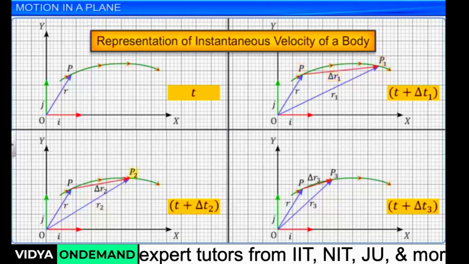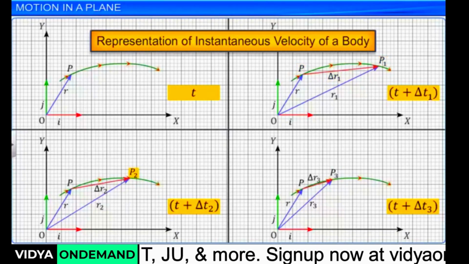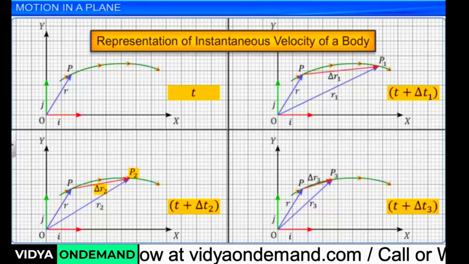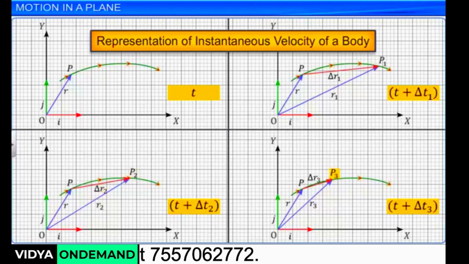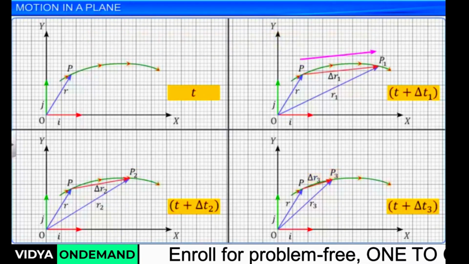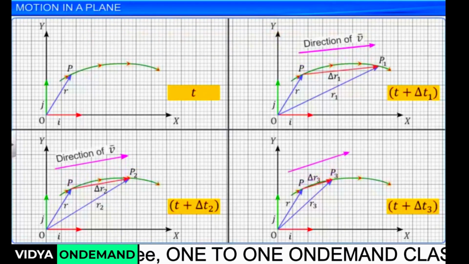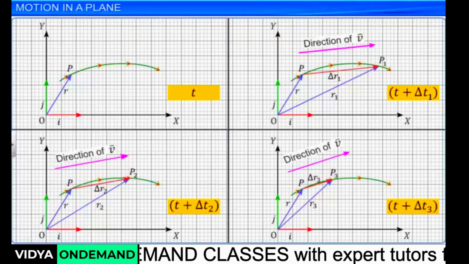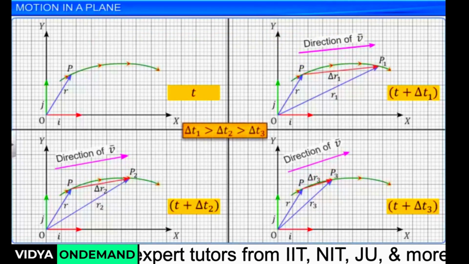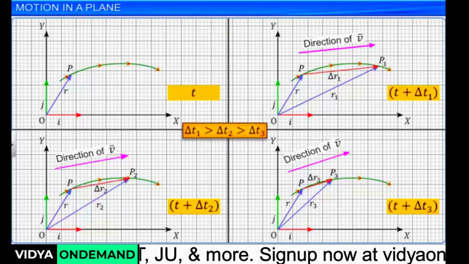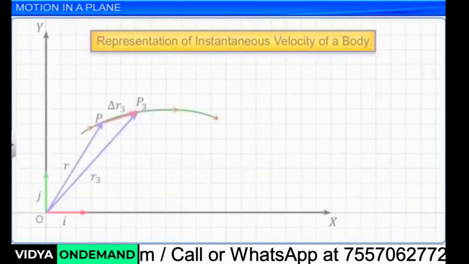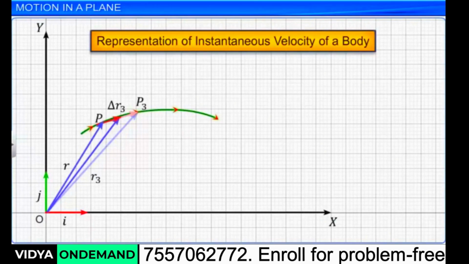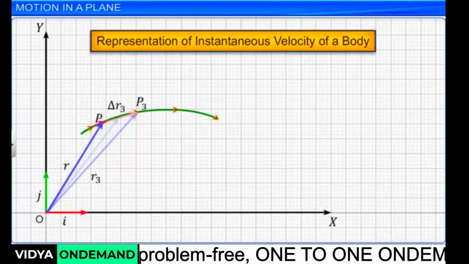And at point P3, its displacement is delta r3. The direction of average velocity vectors are shown in the graphs. Delta t1 is greater than delta t2, which is greater than delta t3. As delta t tends to 0, delta r tends to 0 and becomes tangential to the path at point P.